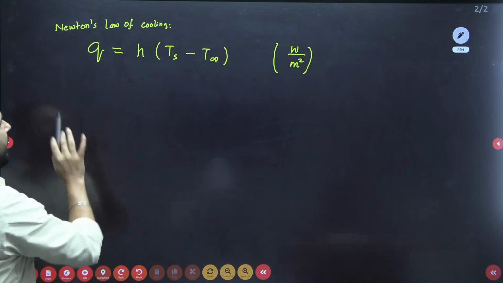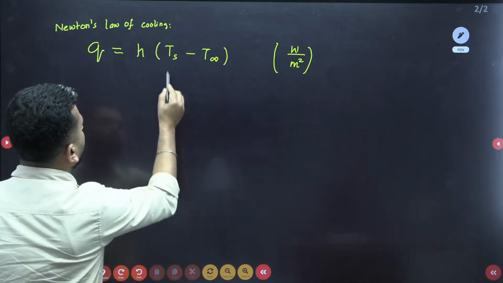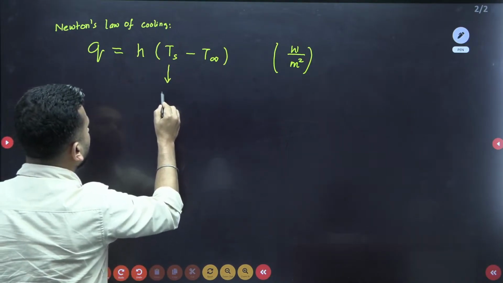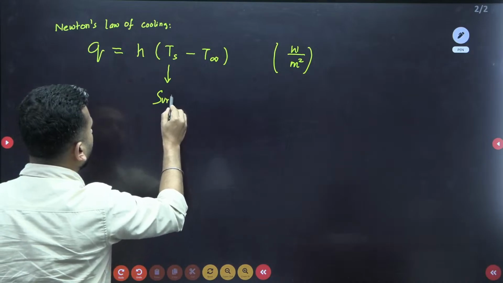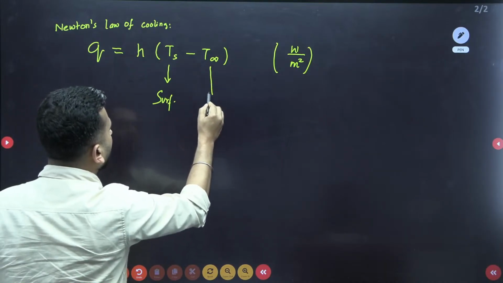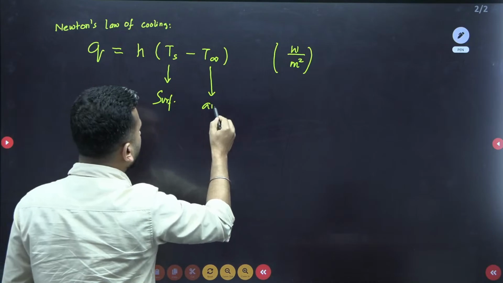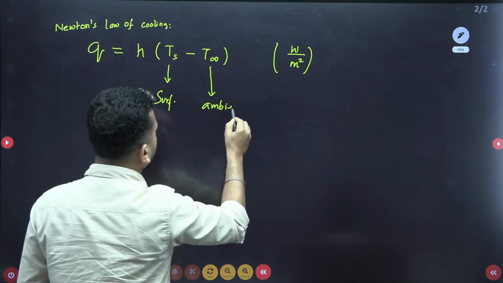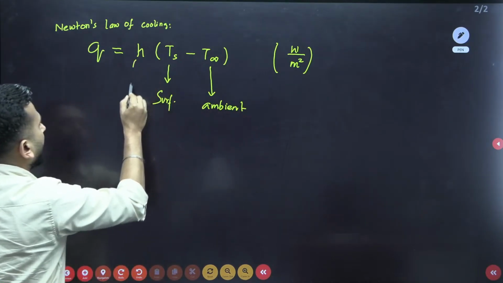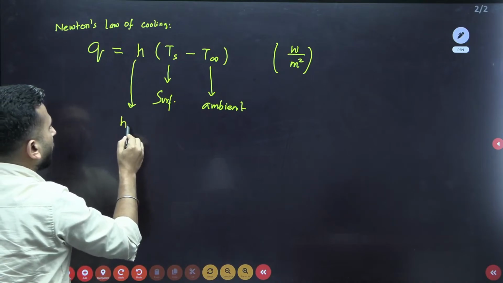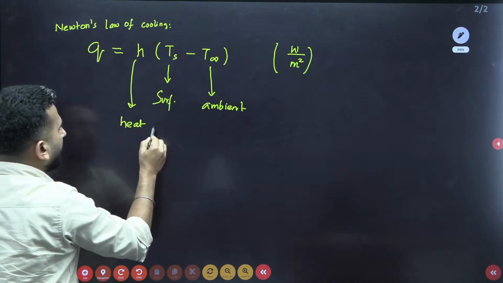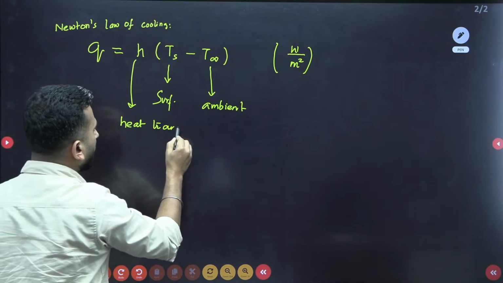As of now I am keeping it in terms of flux only. Ts is the surface temperature. T infinity is the ambient temperature, and h is the heat transfer coefficient.